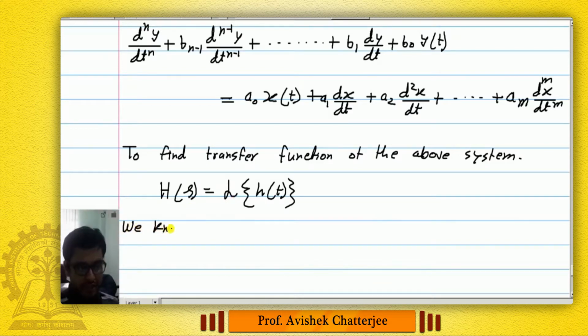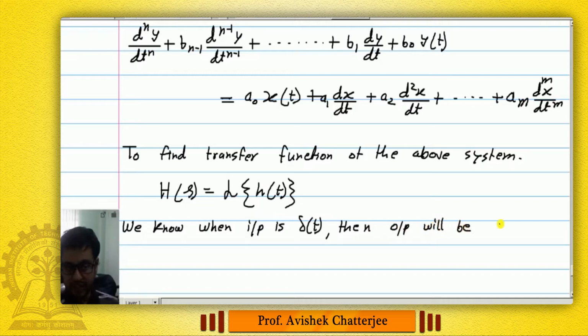We know that when the input is delta(t) under relaxed conditions, then the output will be by definition h(t), the impulse response. Therefore, if I replace y with h(t) here in this equation, and if I replace x with delta(t), then that should satisfy this equation.